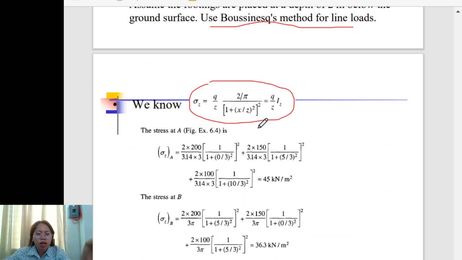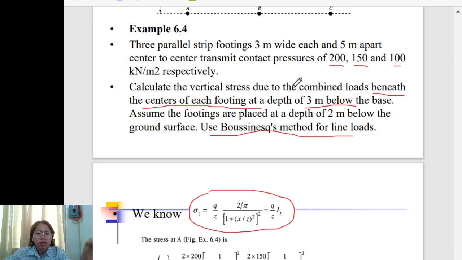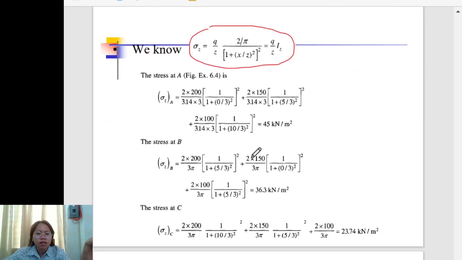Then, using this formula, this is 2 over pi z. 3.14 times 3 meters, 3 meters below the base. Times the quantity 1 over 1 plus 0. Why 0? Because the first one is at the center, over 3, which is the z squared.